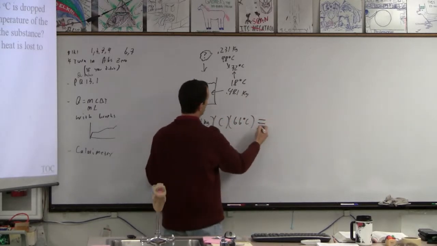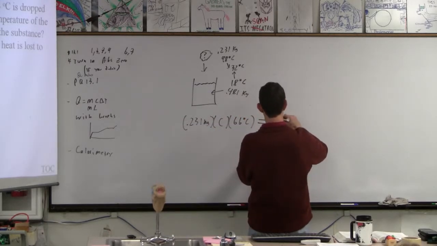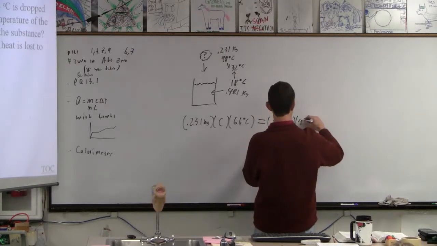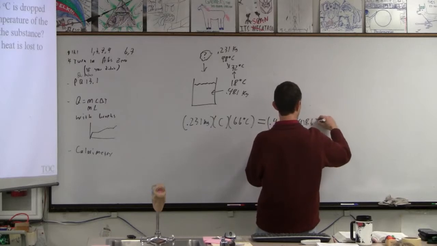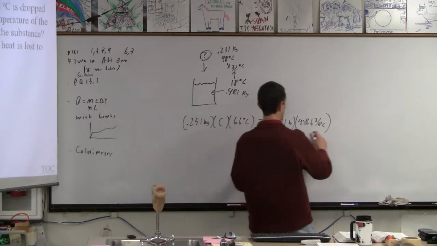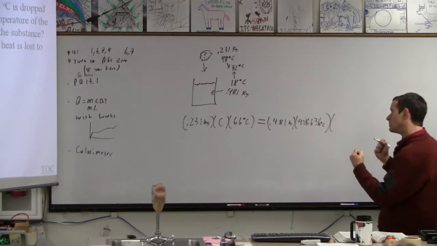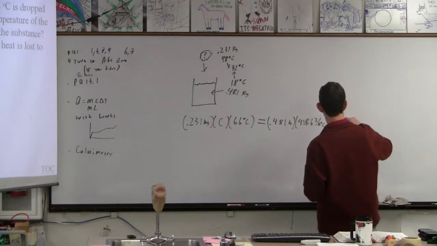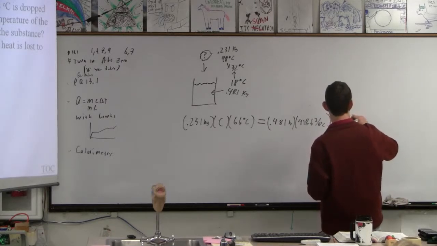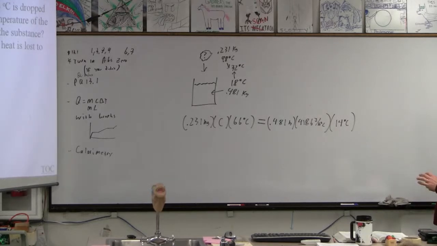And then we've got to do the water, so we go 0.481 kilograms times 4186 joules per kilogram degrees Celsius. And then this change from 18 to 32 is 14.